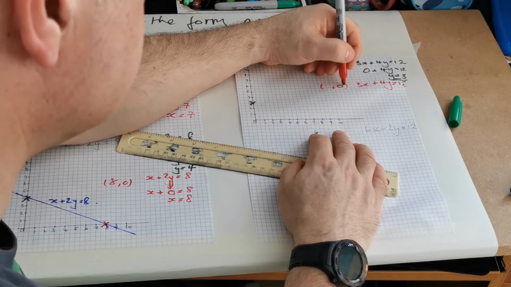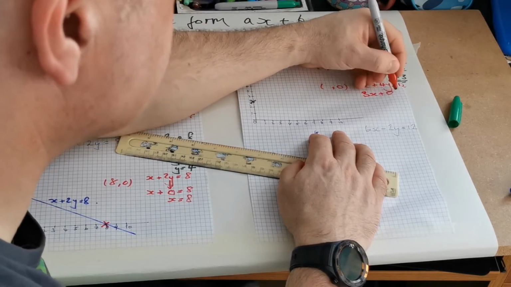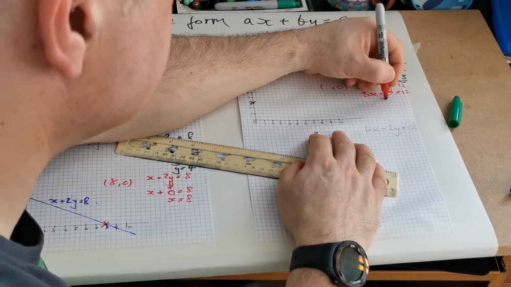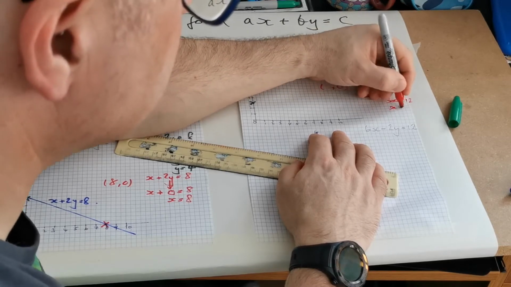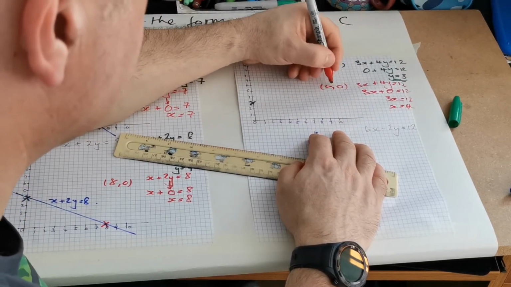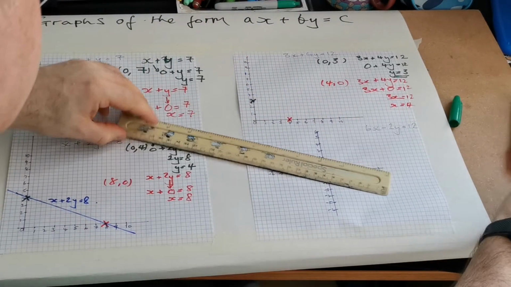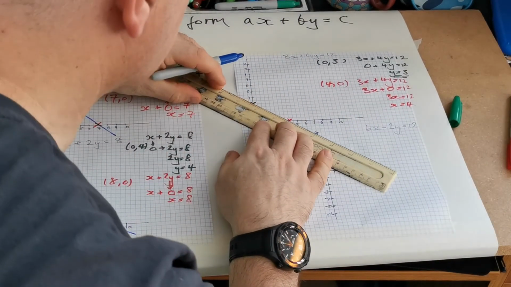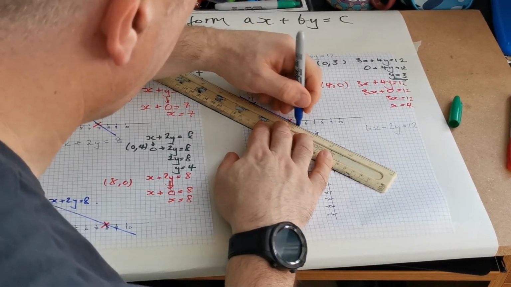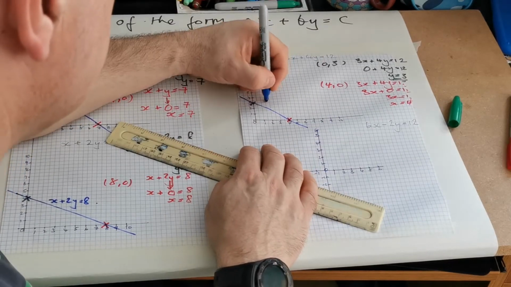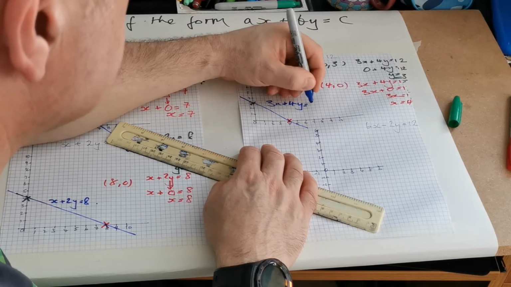So the y is 0, so 4y's would be 0, so 3x plus 0 equals 12, which means that 3x must be 12, which means that 1x would be 4. So 4, 0 is where that one goes. So this line goes through just here. And again, let's label the line 3x plus 4y equals 12.